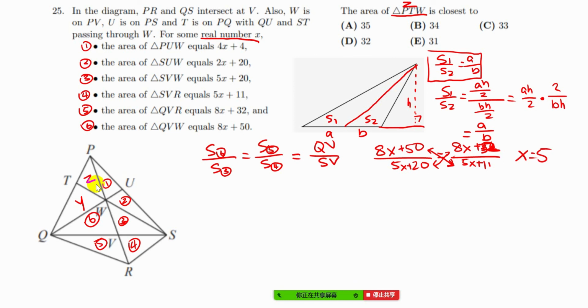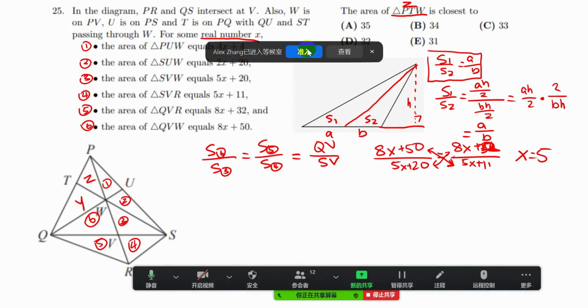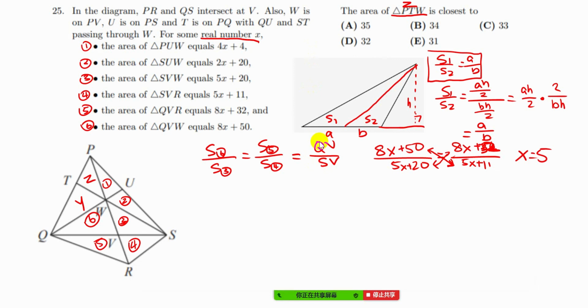And then we can figure out the actual area of the triangles 1 to 6. So triangle PUW is 4x plus 4, so 4 times 5 plus 4, which is 20 plus 4 equals 24.